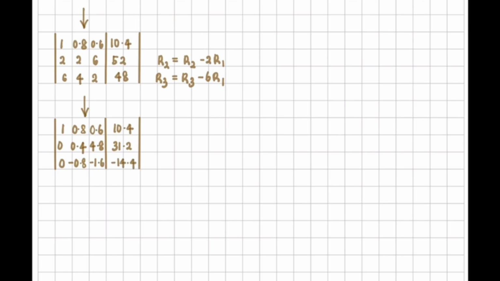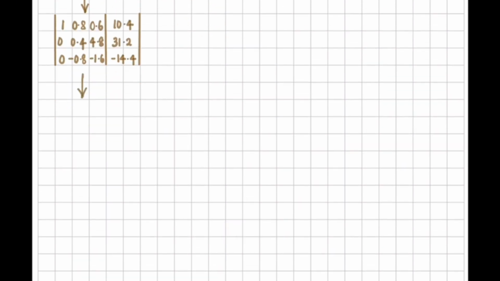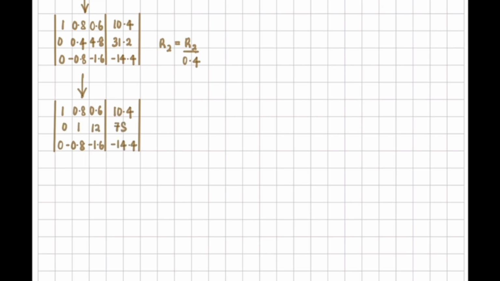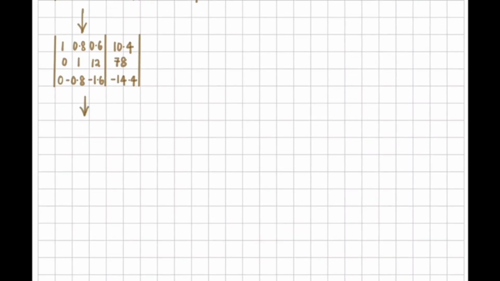So we're going to have 0, negative 0.8, negative 1.6 and negative 14.4. As for the next step, we're going to keep the first row and the third row's values fixed. Since they are fixed, the second row is going to be divided by 0.4, resulting in 0, 1, 12, and 78.